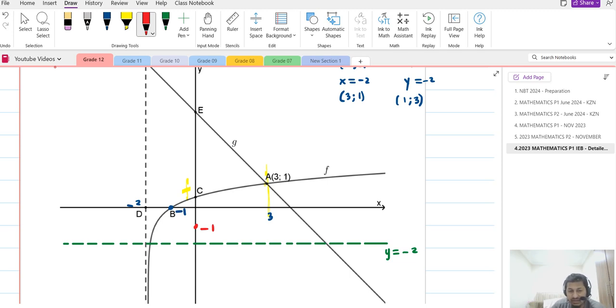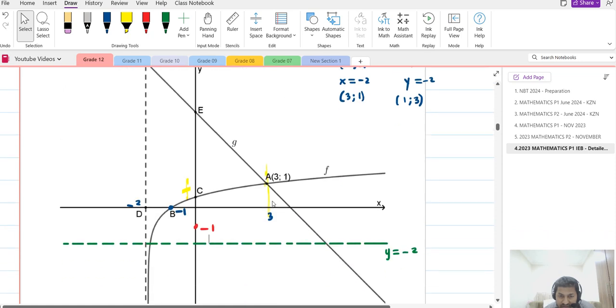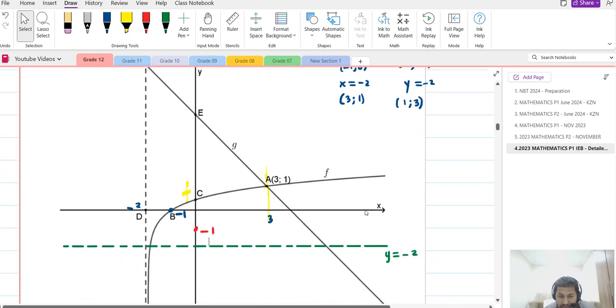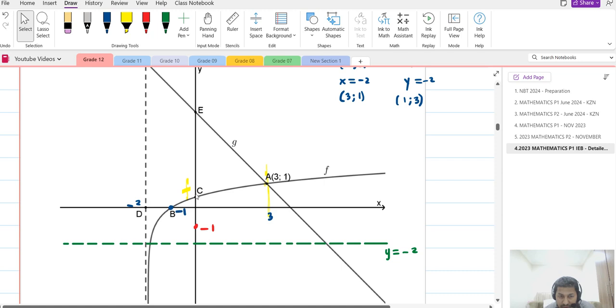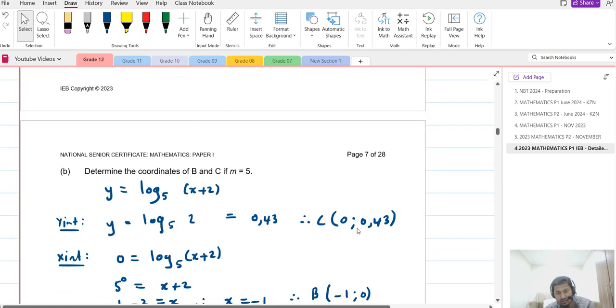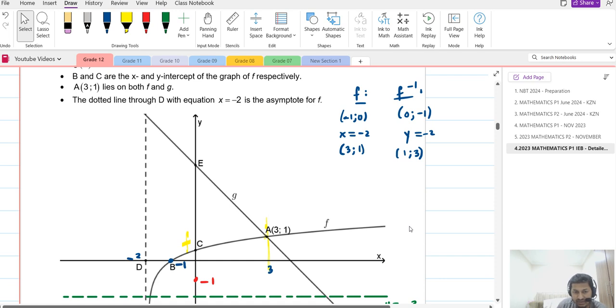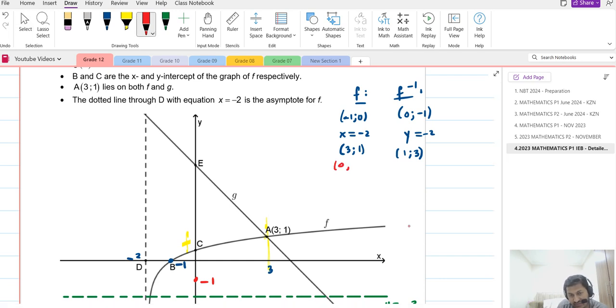And do we know what the x-intercept is? Okay, we had another point which was C. C was the point 0 and 0,43, which lies on f. So now this one will become 0,43 and 0. So we know the x-intercept.